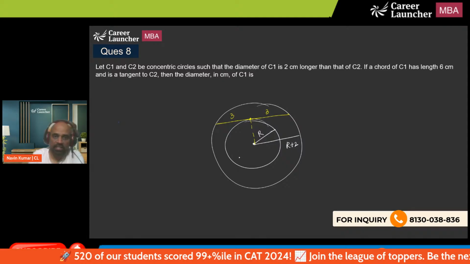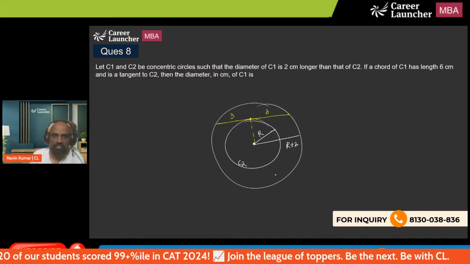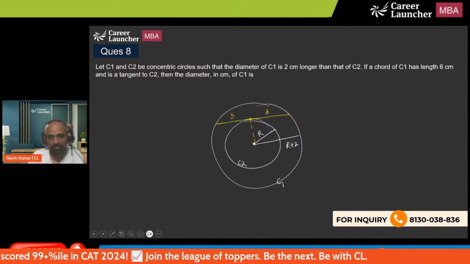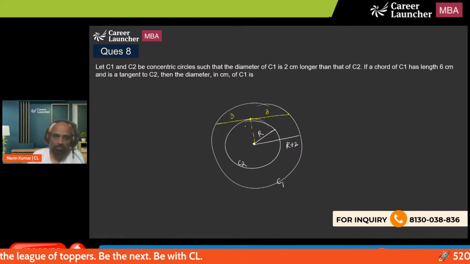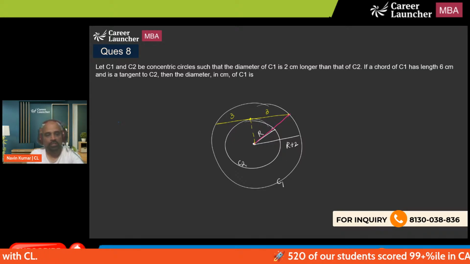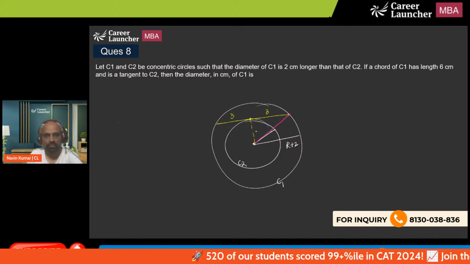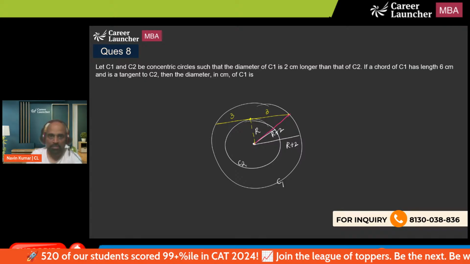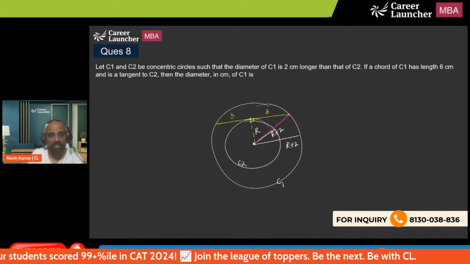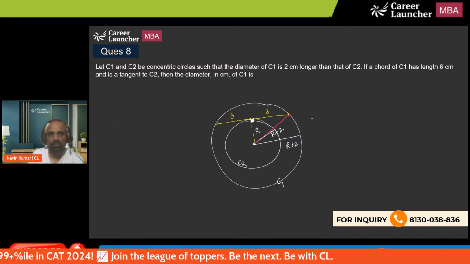So याद रखने के लिए C2 is the one which is inside and C1 is the one which is outside. Right? So what I'm going to do is I'm going to join this. So this is R and this is going to be R plus 2. 90 degree because it's a tangent. Tangent has to be perpendicular.